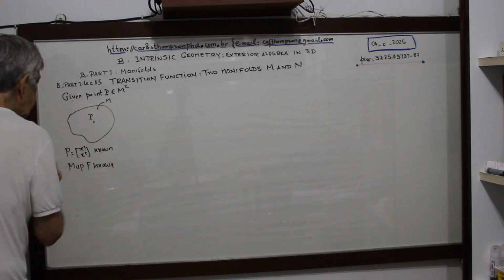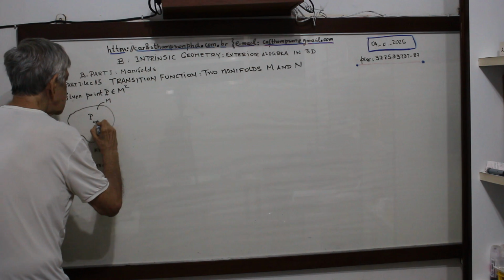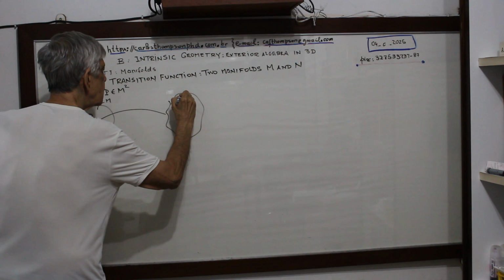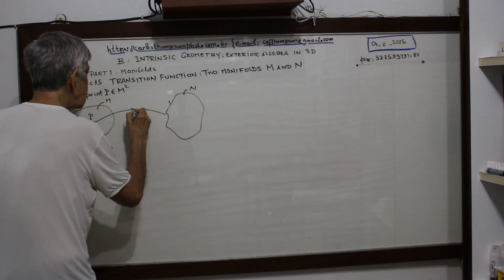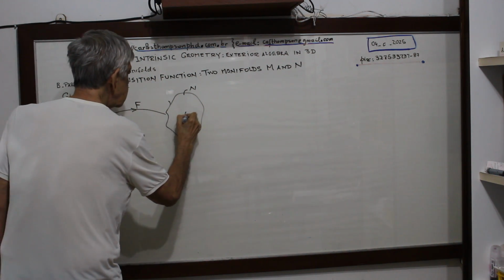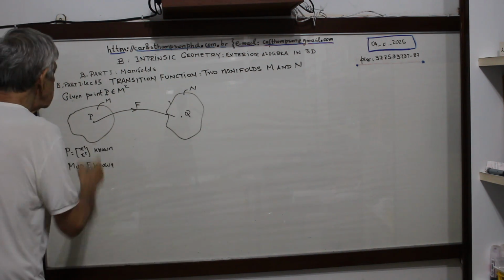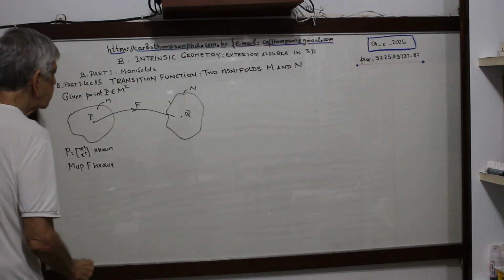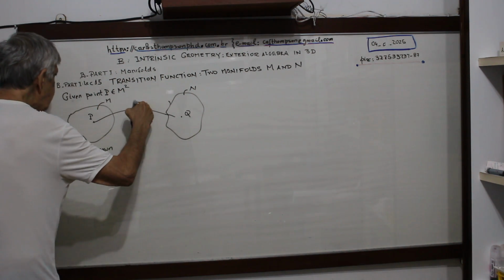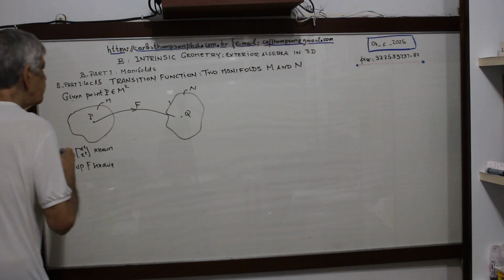That's a map F. This map is mapping to a manifold N, and this is a map F. This now is my point Q. Q belongs to the manifold N, and P belongs to the manifold M. You see, Q is a consequence, because F is given, P is given.